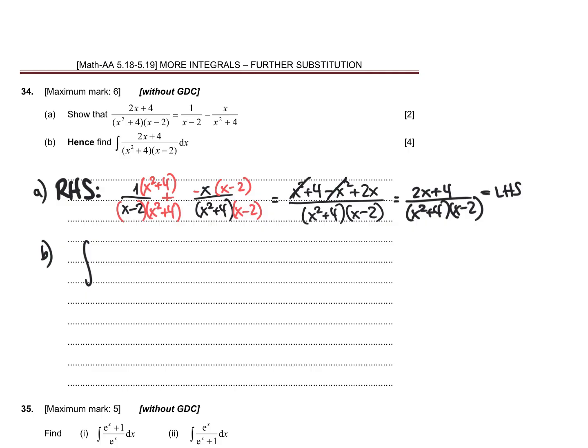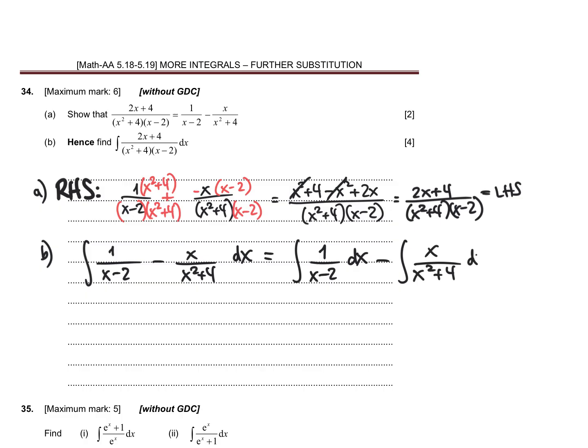Oh no, sorry. We want the integral of 1 over x minus 2 minus x over x squared plus 4 dx. Okay, so this one is fine. This one is not fine.